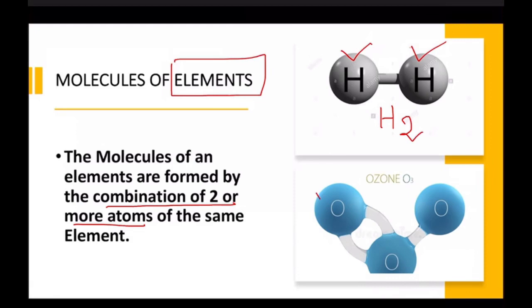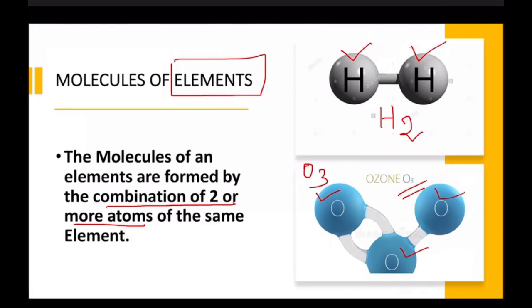Here we have got one oxygen, another oxygen, and a third atom of oxygen. All three atoms of oxygen combine to form a molecule of ozone represented as O3, which says that three atoms of oxygen are present in one molecule of ozone.